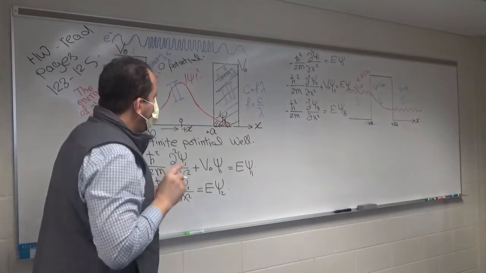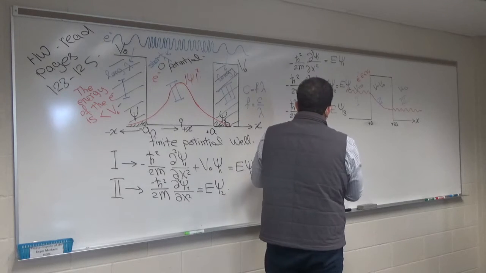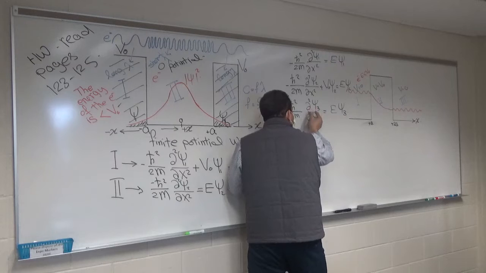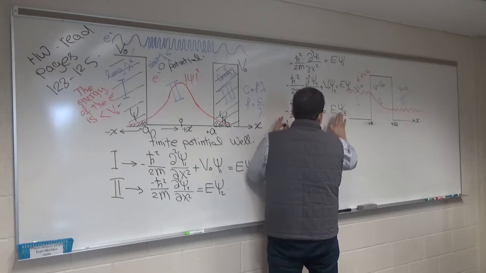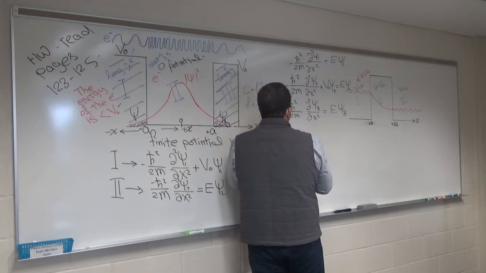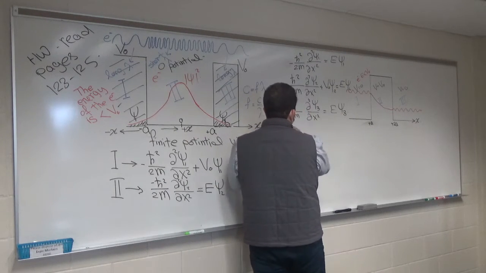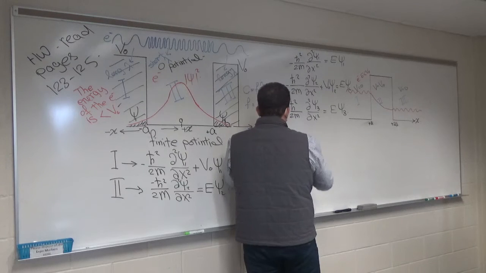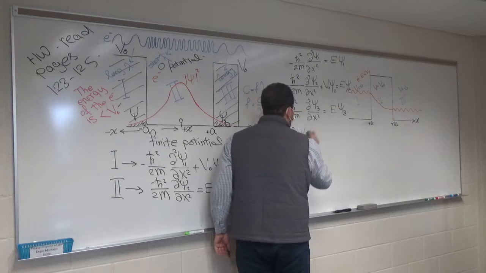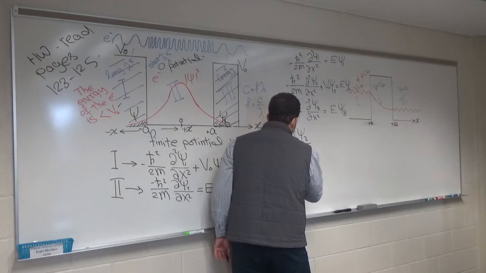Now, let's avoid solving these differential equations. Actually, you can solve these differential equations, that's fine. You can move this to the left-hand side and make this equation equal to 0, divide the whole equation by h bar squared, and multiply the whole equation by minus 2m, so that will give you something like this. But we are not going to do that. Let's focus on the behavior of the electron that can help us to figure out the wave function.